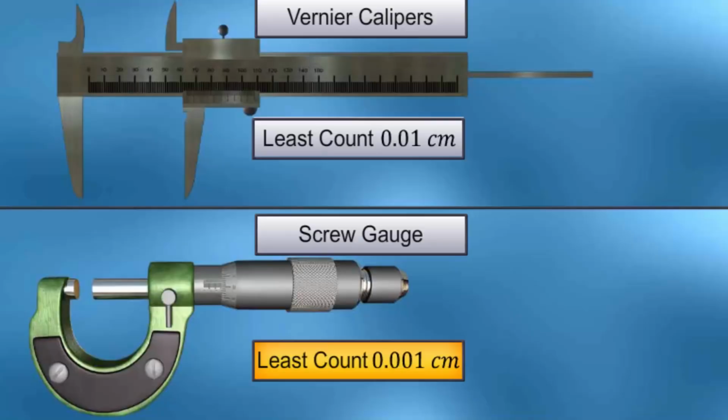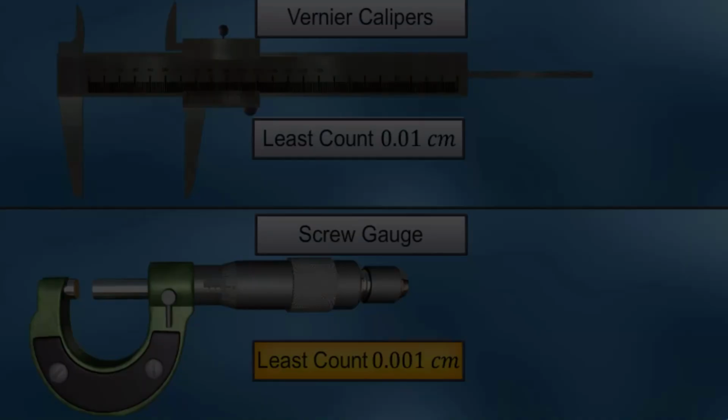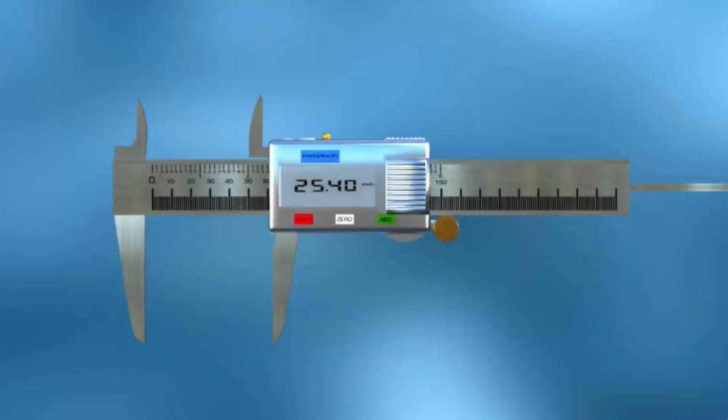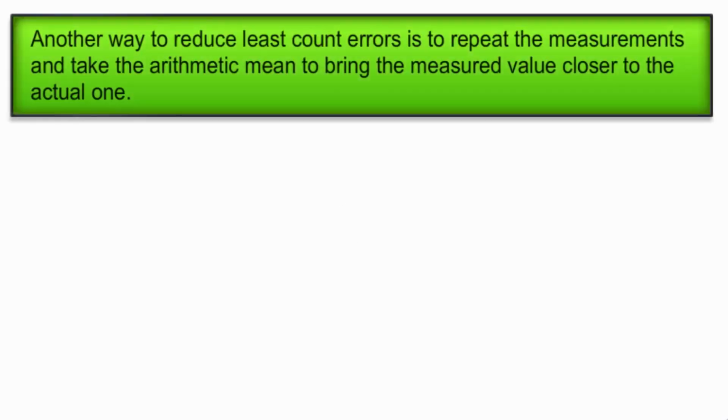Least count error can be minimized or eliminated by using high precision instruments or improving experimental techniques. Another way to reduce such errors is to repeat the measurements and take the arithmetic mean to bring the measured value closer to the actual one.